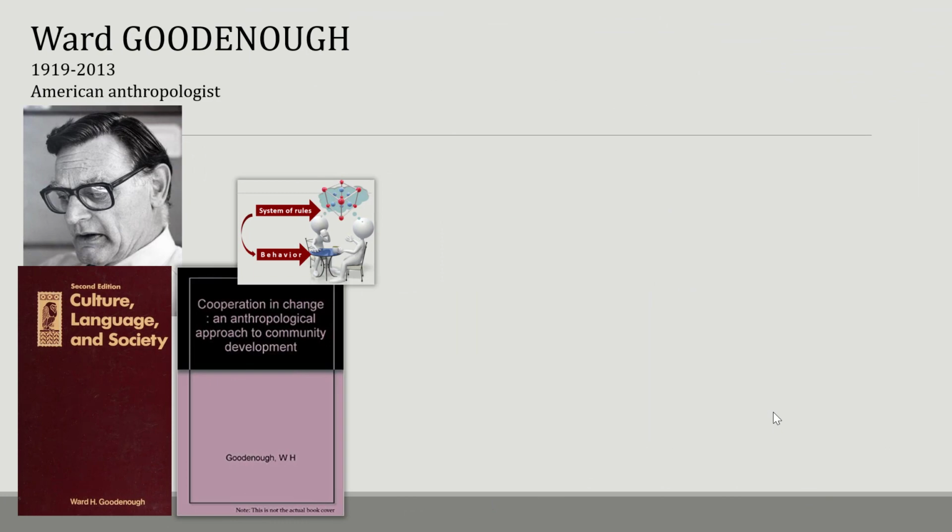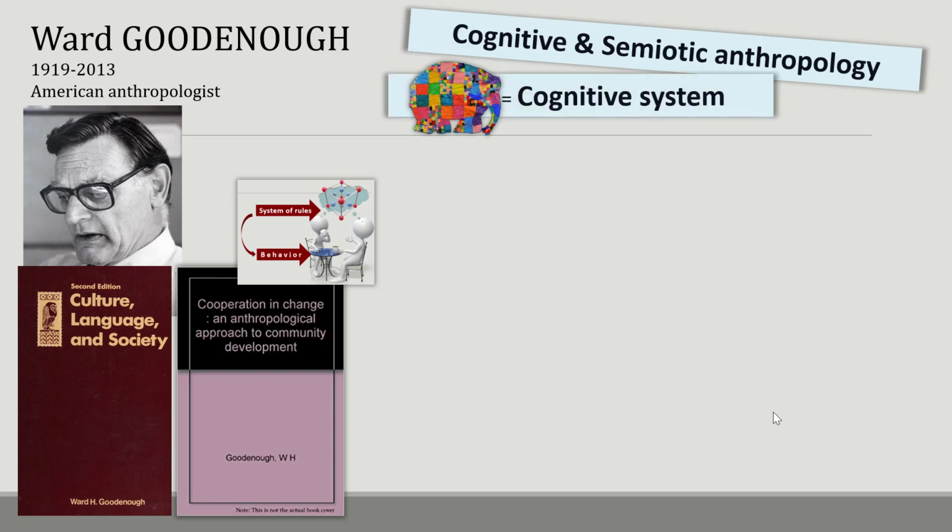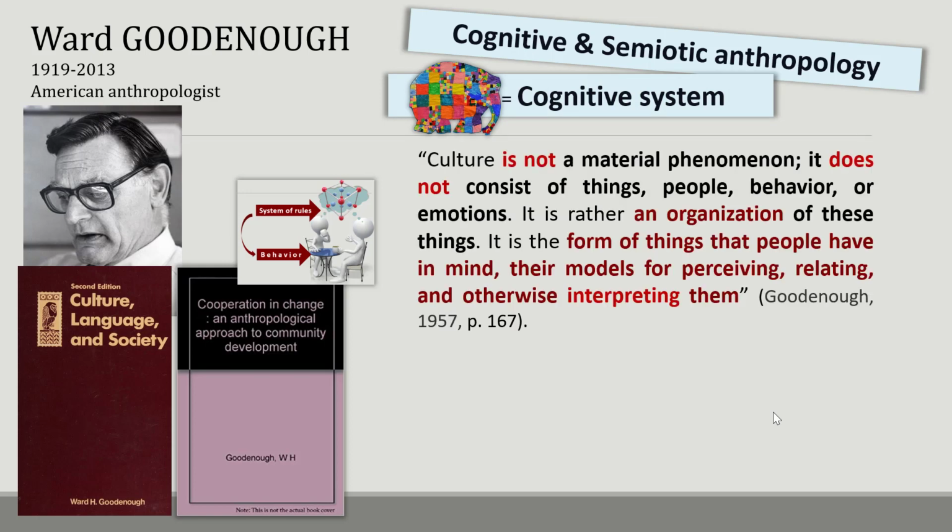American anthropologist Ward Goodenough, the founder of cognitive and semiotic anthropology, suggested considering culture as a cognitive system. Culture is not a material phenomenon. It does not consist of things, people, behavior, or emotions. It is rather an organization of these things. It is the form of things that people have in mind.